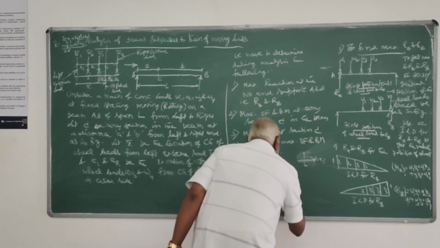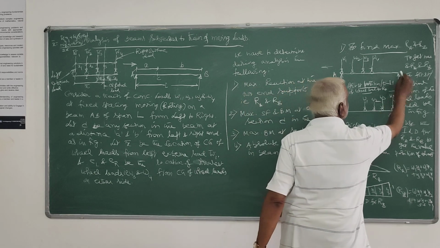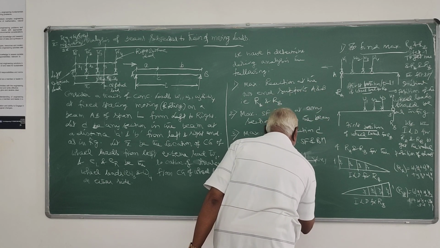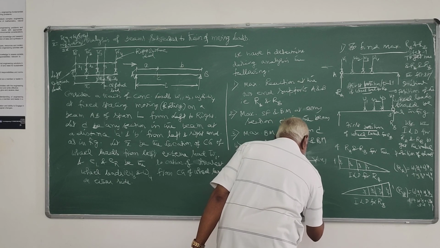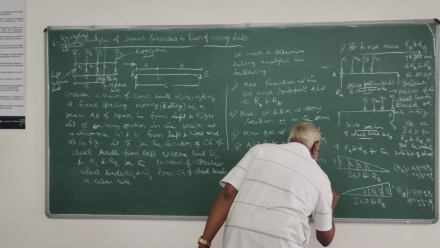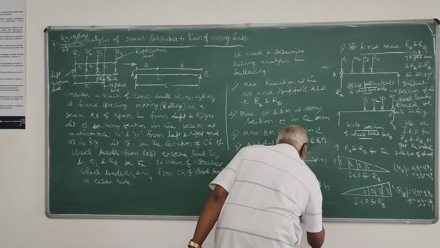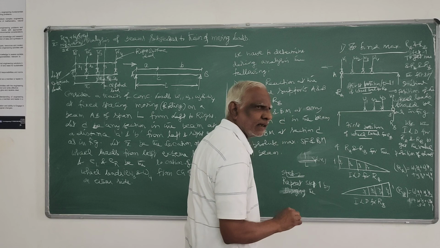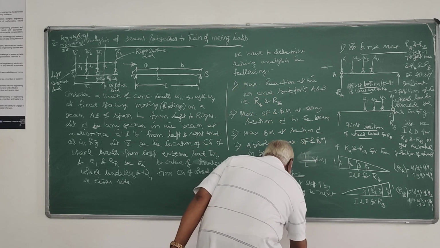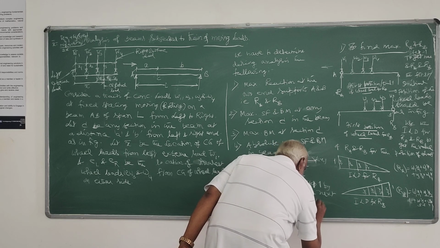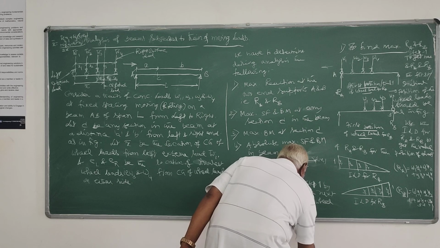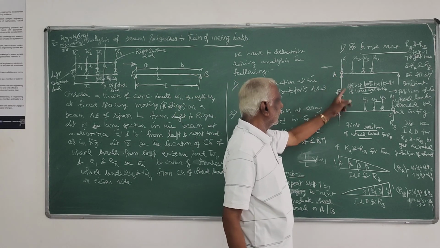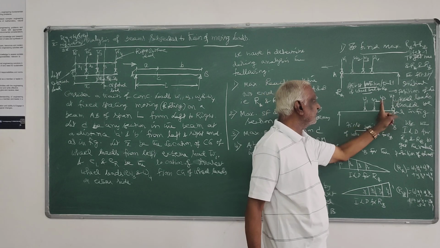Then next, after arriving at that, repeat. This is step 1, and then step 2: repeat step 1 by bringing the next immediate wheel load on A or B. Here the next immediate load is W2, and here the next immediate load is W3.